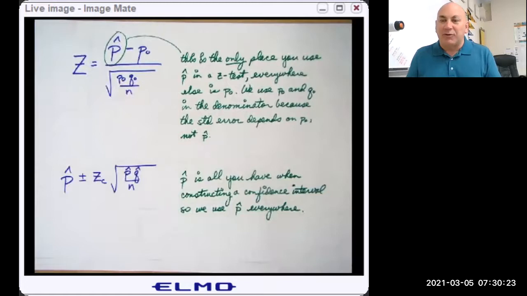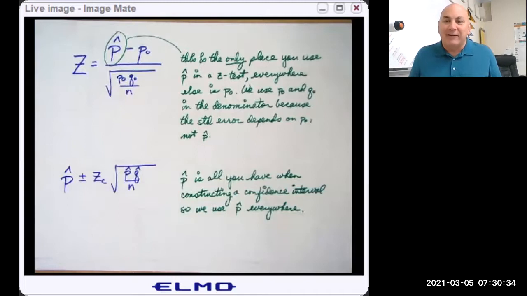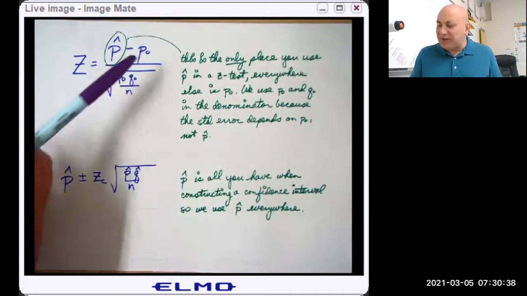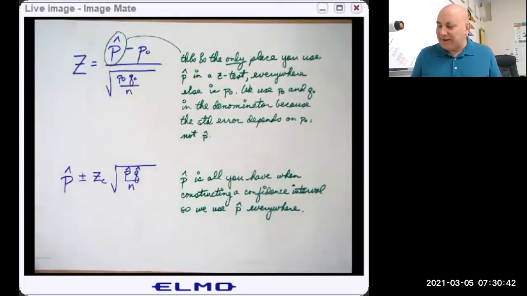And you take the square root for the standard deviation. Now, when we were doing confidence intervals in our last chapter, everything was hat. That was because we didn't have any other numbers. But in the hypothesis test, we do. We have p0 as well as p hat.